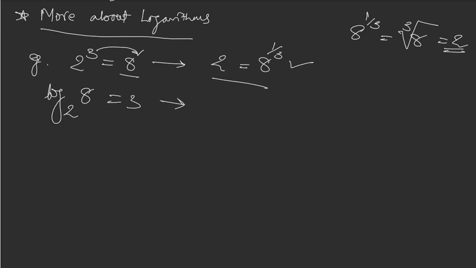Actually, I have to write it first as 8 raised to 1 by 3 is equal to 2. So how can this be written? This can be written as log of 2 to the base 8 is equal to 1 by 3.